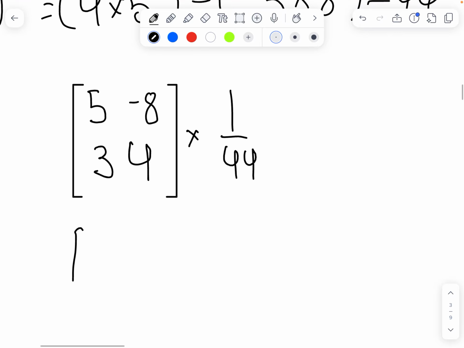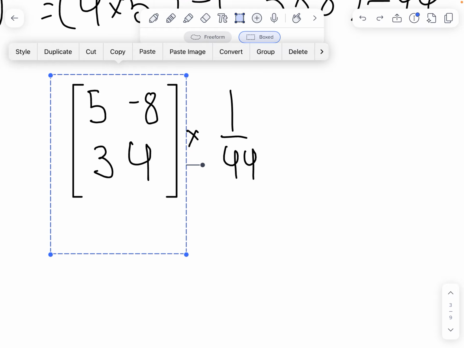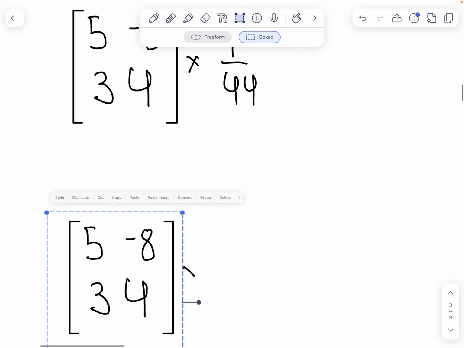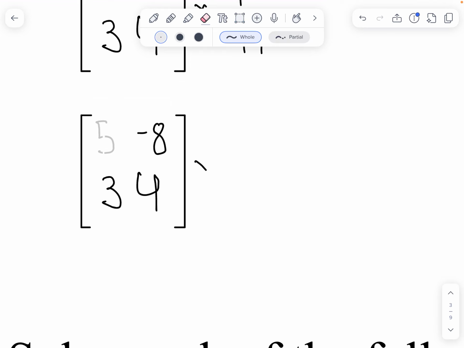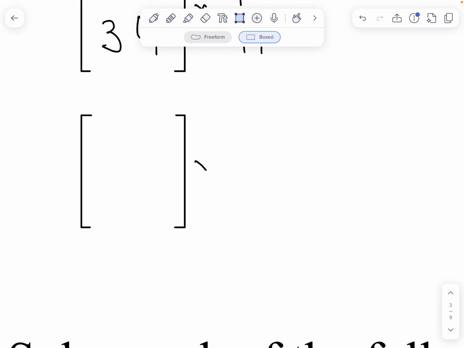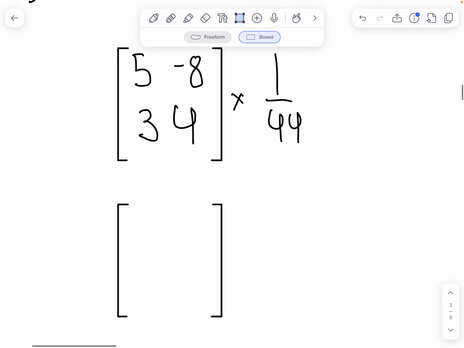And now this should be 5 over 44. This will be -2 over 11.